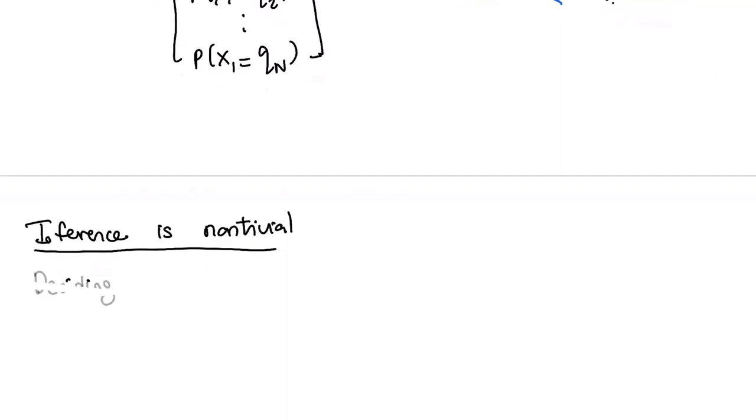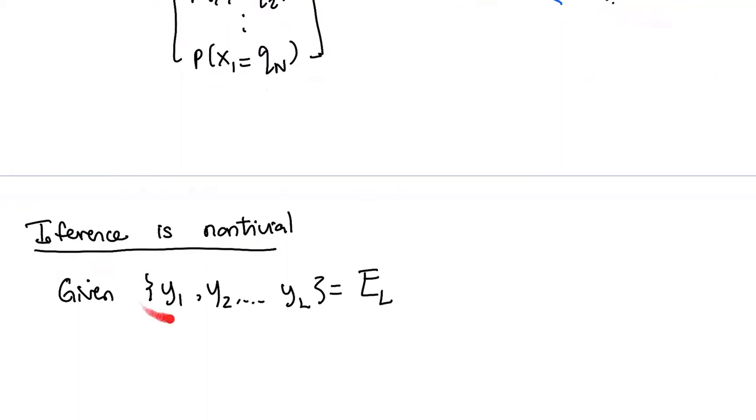Given some observation set, y1, y2 all the way up to yL, which we denote with L, where the observations are, say, the special characteristics of acoustic signals, we have to decide which of the K words was spoken.